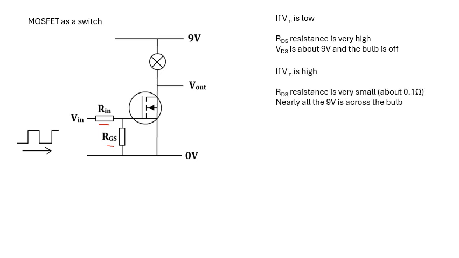If Vin is high, so VGS is above the threshold, then RDS, the resistance, is going to be small, about 0.1 ohms. So the voltage will be across the bulb, not across the VDS, and the bulb will turn on. Okay, so you've got off and on.